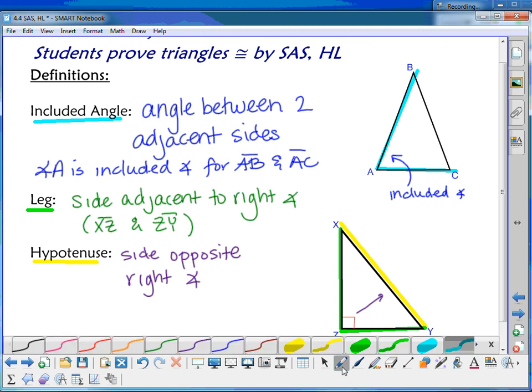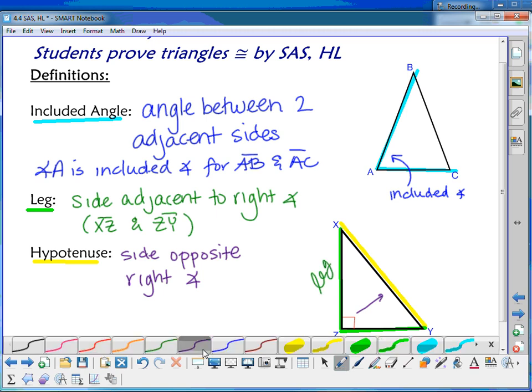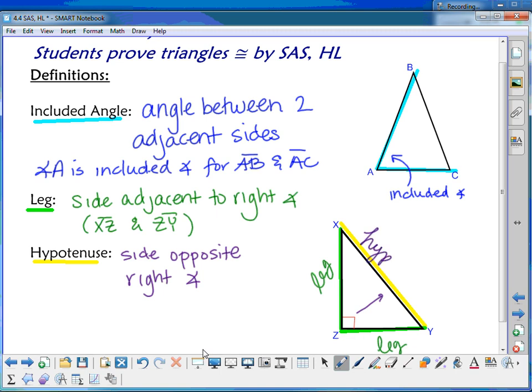Okay, so on my right triangle over here, again, this is a leg, this is a leg, and finally, this side is the hypotenuse.